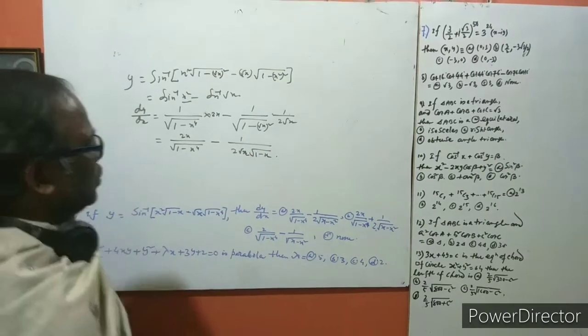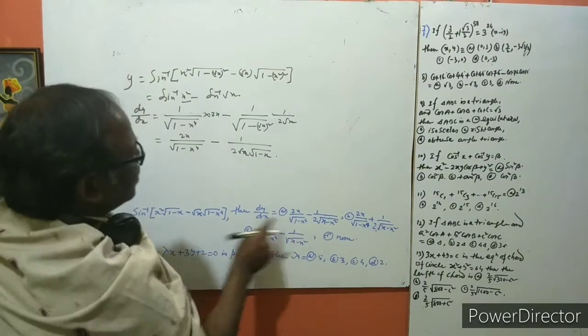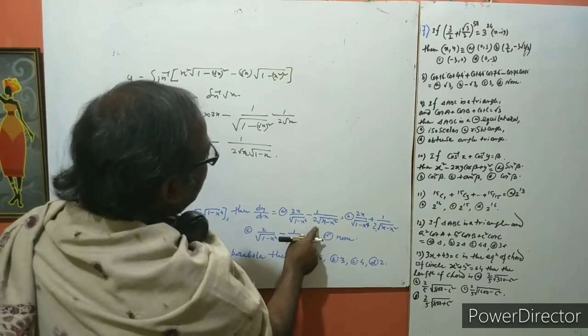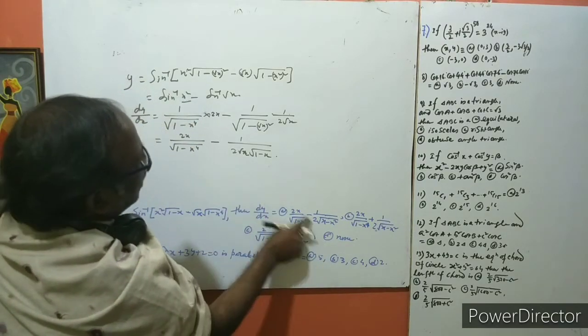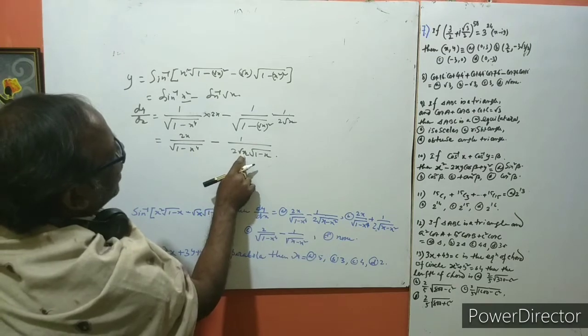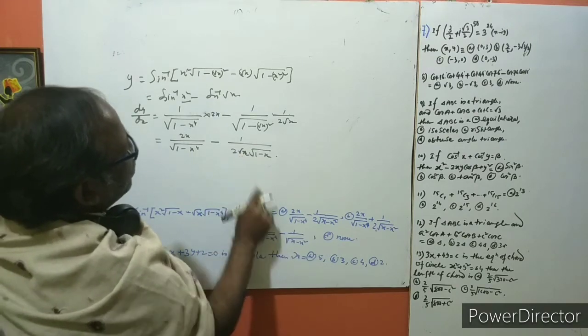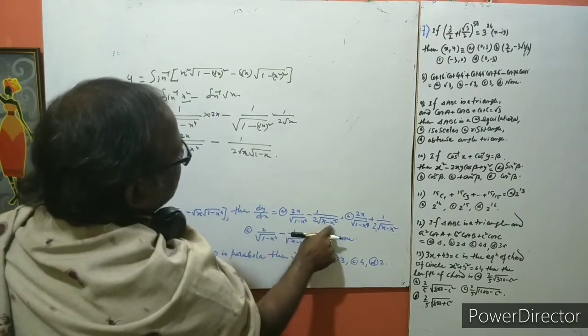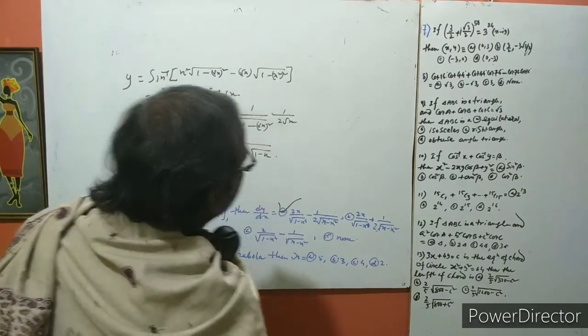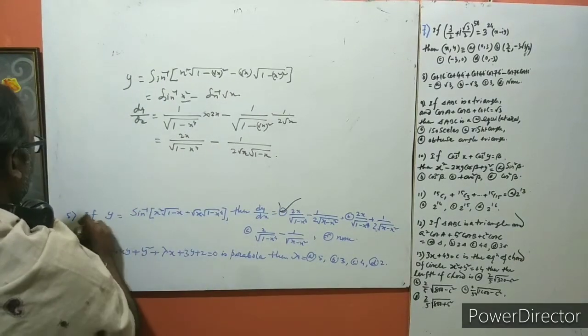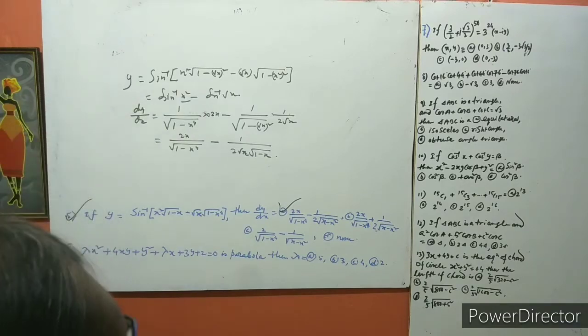See which option is there? This is 2x by 1 minus x to the power 4, but 1 by root x, yes, this is your option. And if we multiply x on both the two roots, then we get x minus x square. The first option is the answer. Okay, so number 5 is complete.